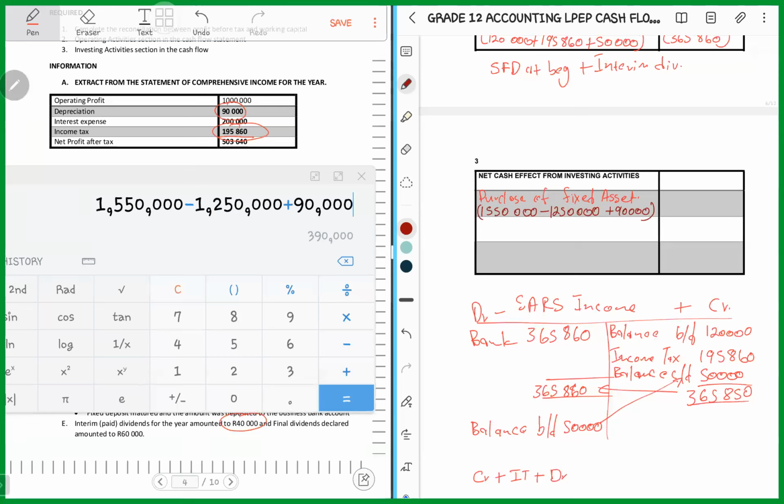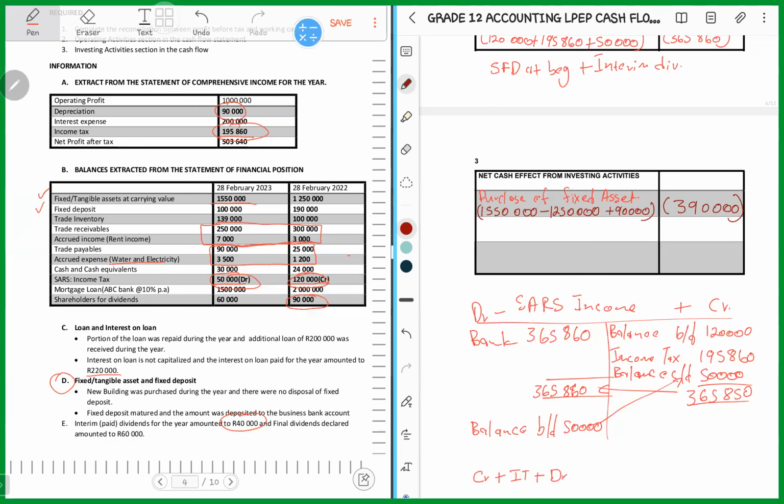It is an outflow because cash is being paid to acquire the fixed asset. So we're going to say negative or outflow of 390,000. Then we're being told that there was no disposal. It means we cannot say proceeds from sale of fixed asset.